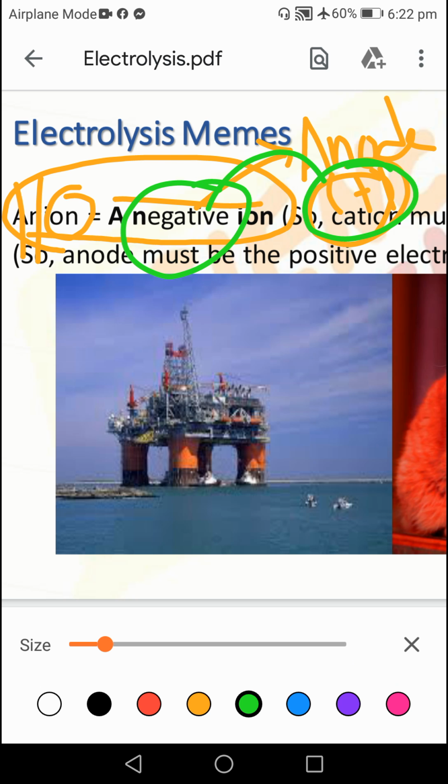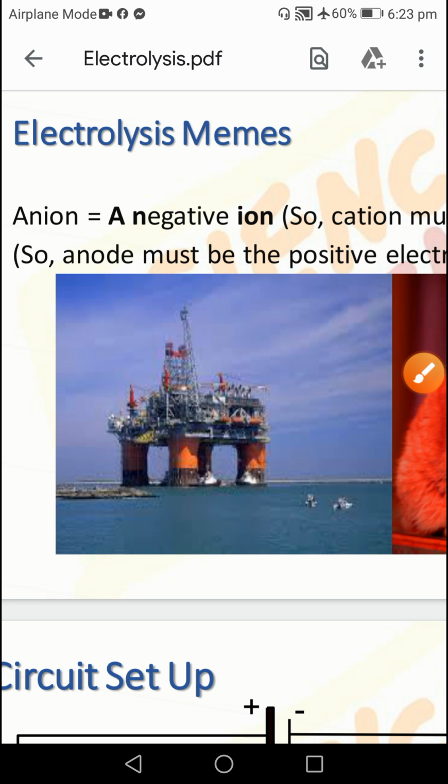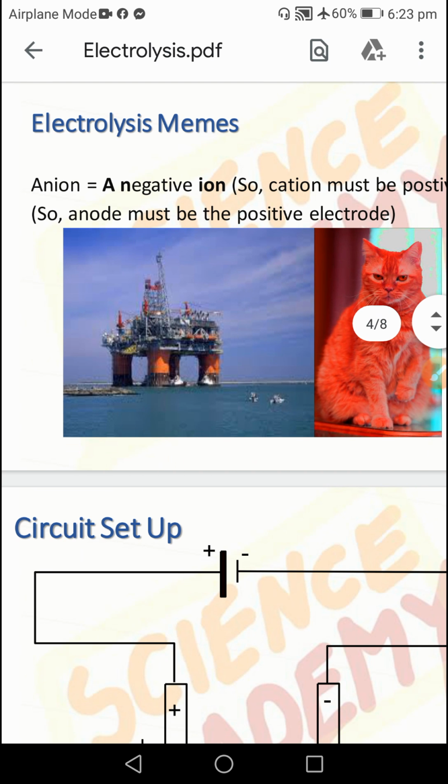Since the cation is positive, for attraction the cathode must be negative. In this way we can remember the anion, cation, anode, and cathode.